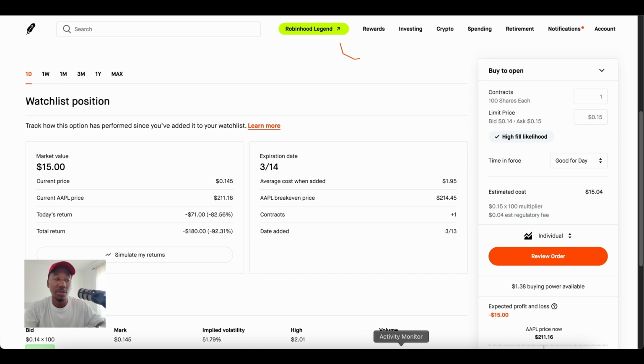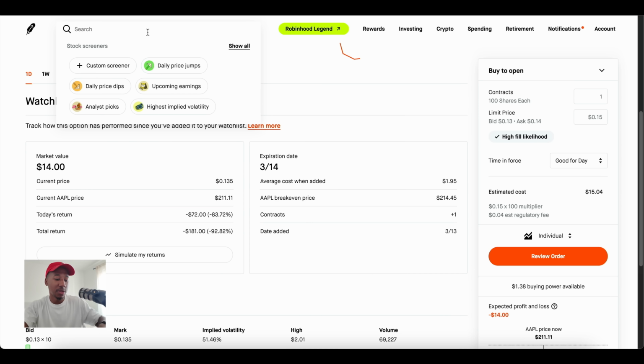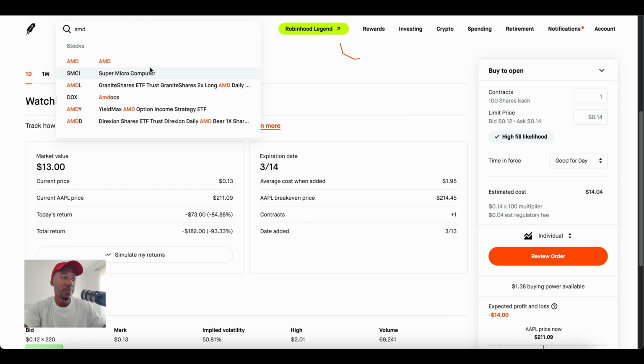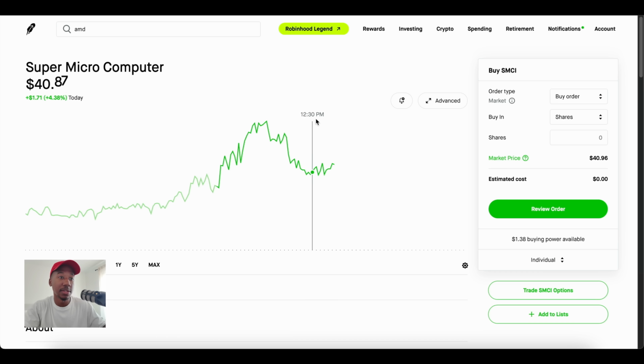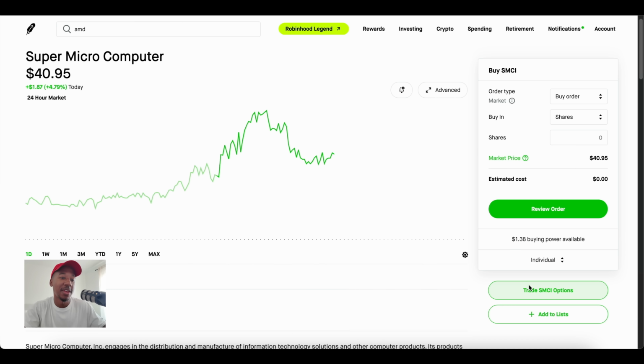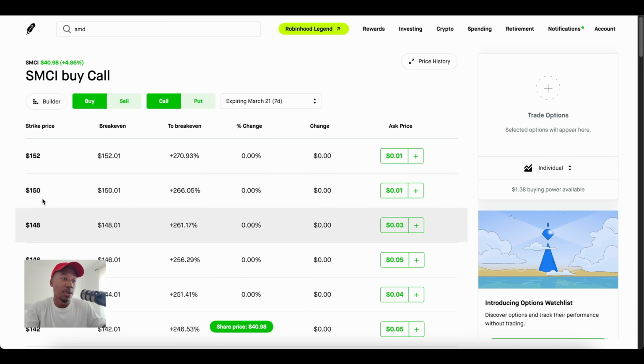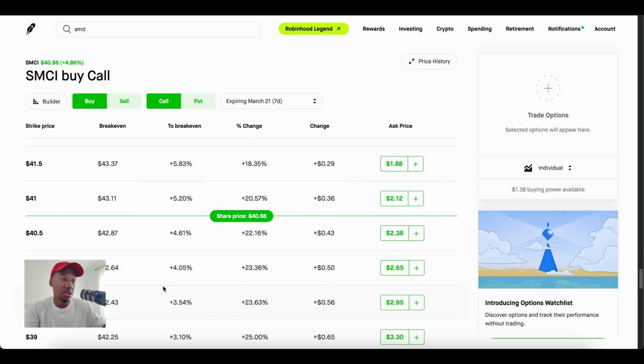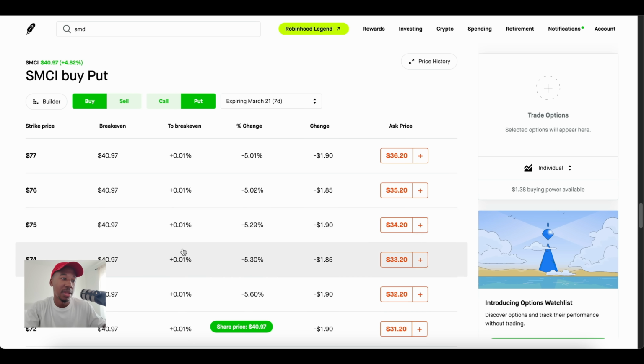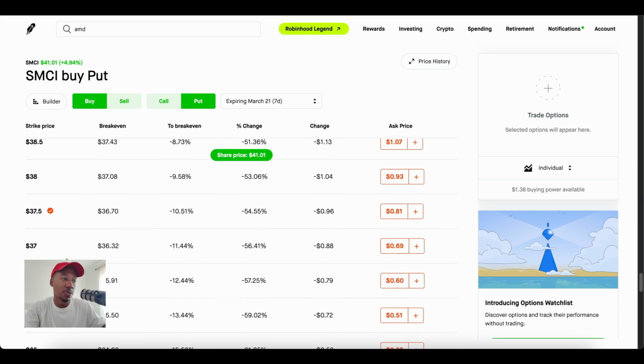If you have the Robinhood app, let me show you how you add something to the watch list. Let's just pick a random trade. Let's look at AMD or SMCI. We'll just look at SMCI. What we're going to do is come to trade options and pick a strike price. Let's say I wanted to grab a put and see what would happen.